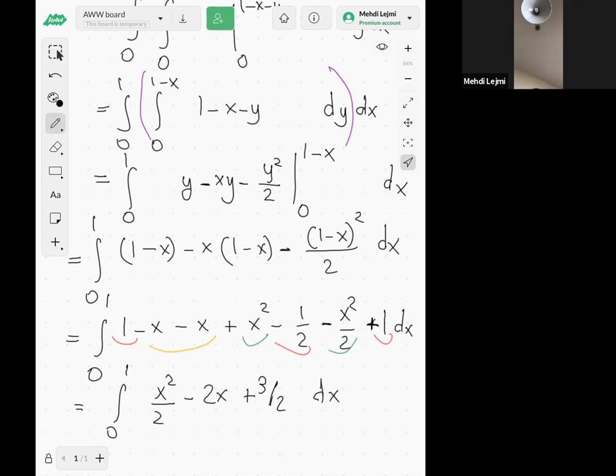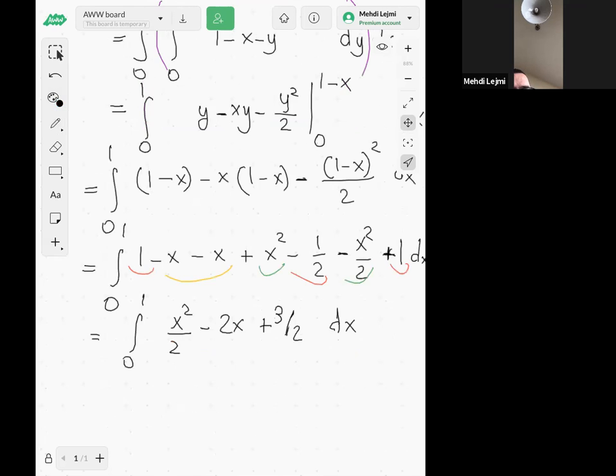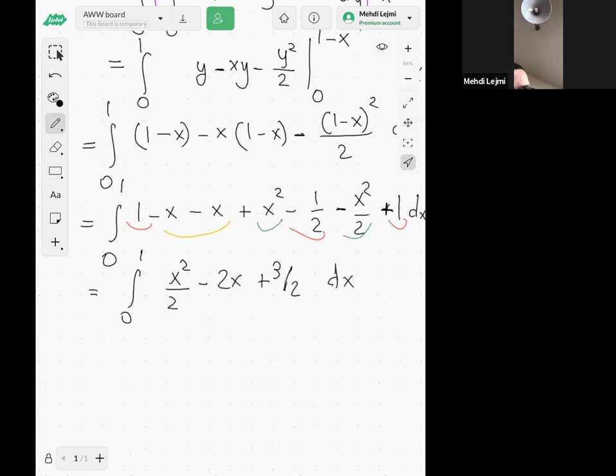All right. Now I integrate with respect to x. That's not too bad. x squared becomes x cubed over 3, so that's x cubed over 6. The integral of minus 2x is minus x squared, plus the half times x, evaluated between 1 and 0. I substitute 1 here: 1 over 6 minus 1 squared plus 3 halves.